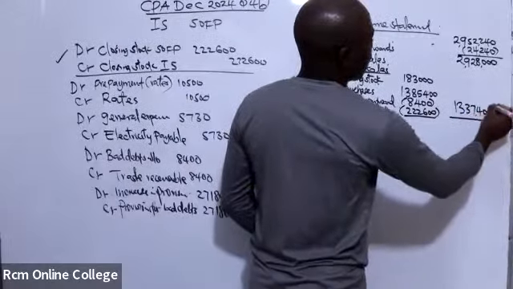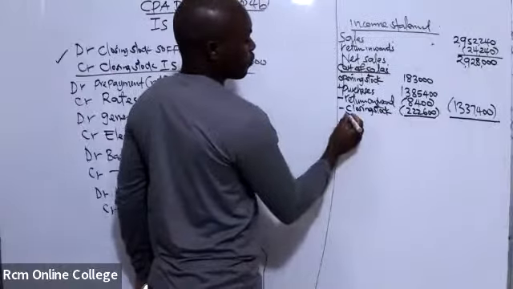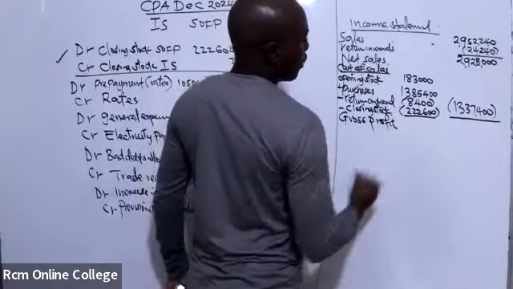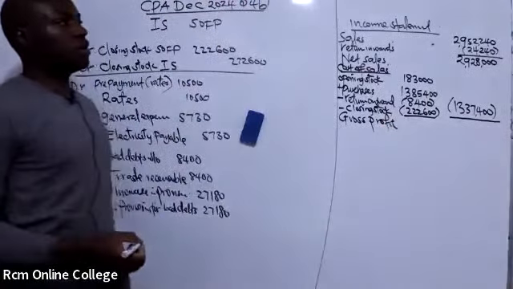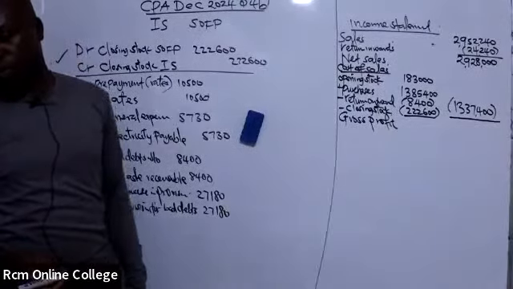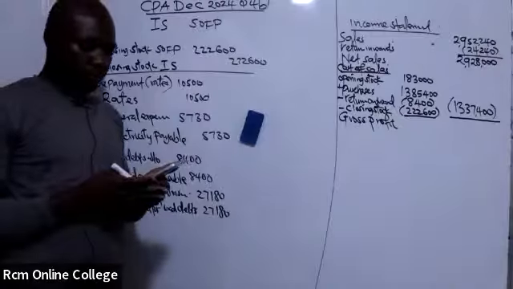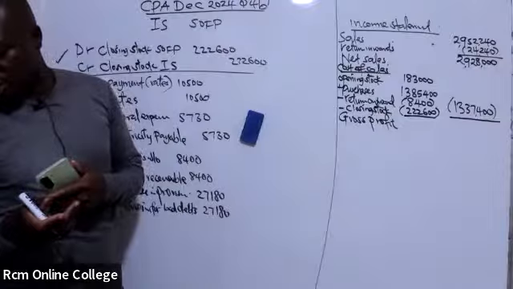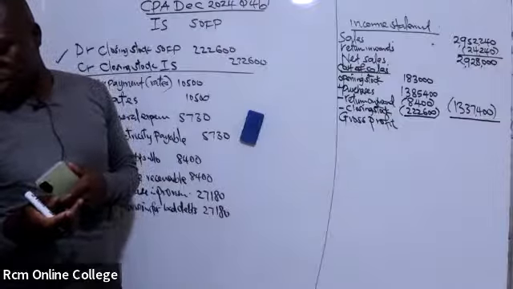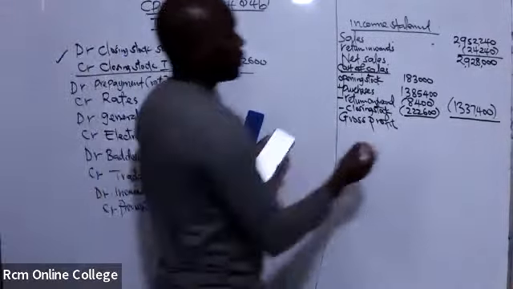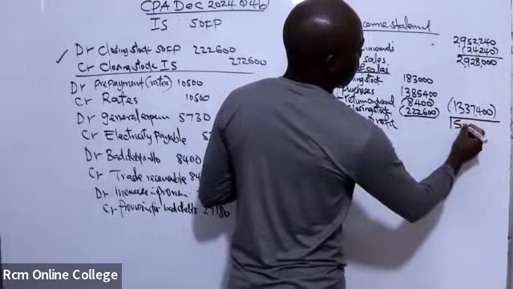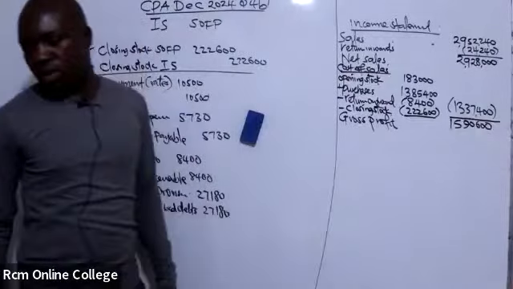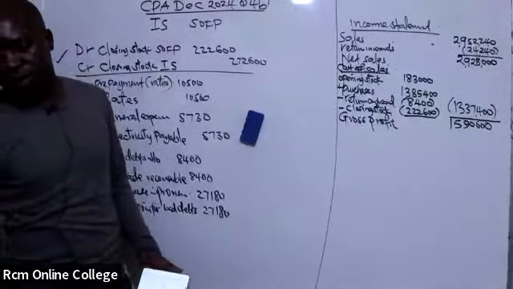Now, with that cost of sales, can you go ahead and give us gross profit? The gross profit is 15,90,600.